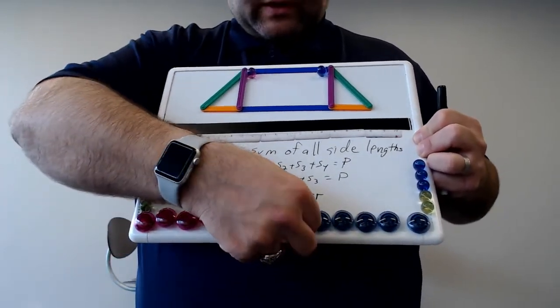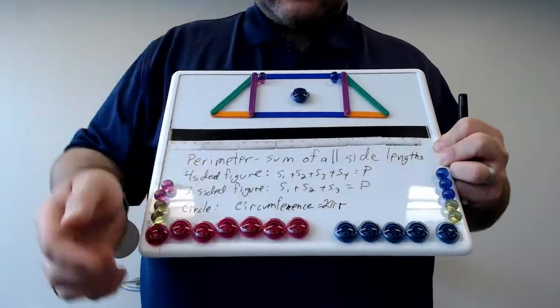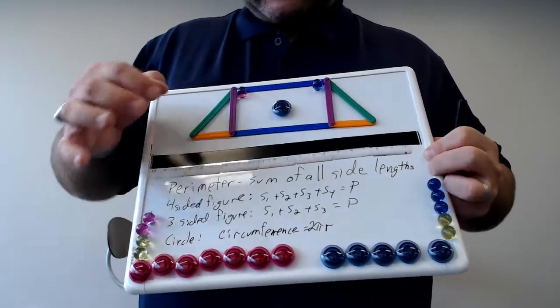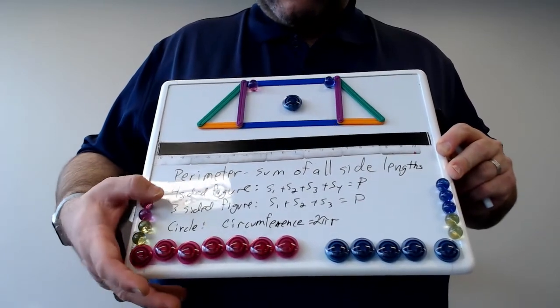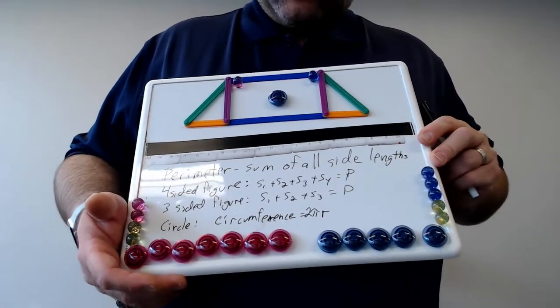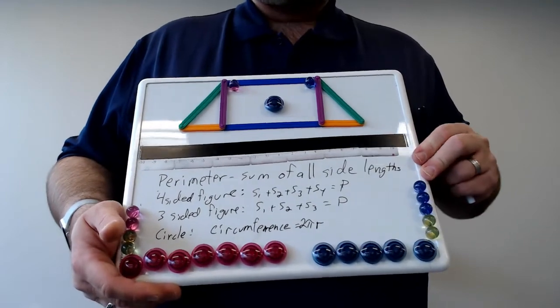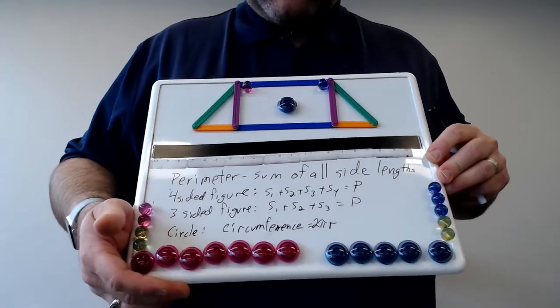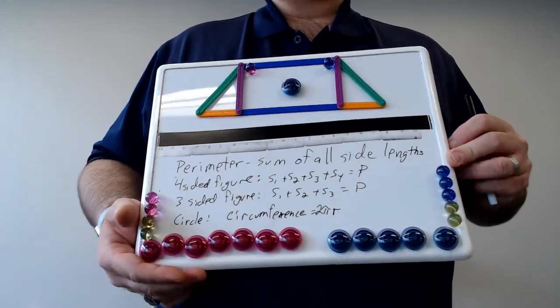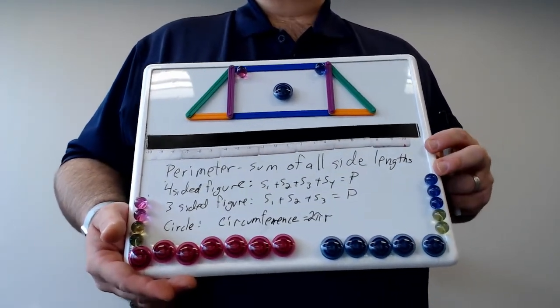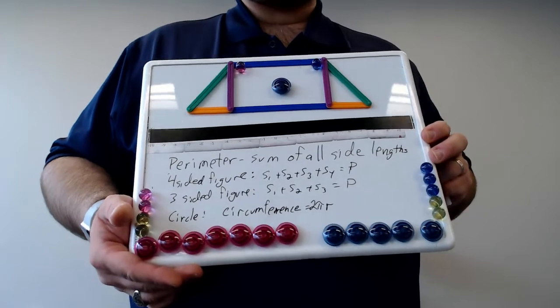Our circumference, or the distance around a circle, is given by 2 times the value of the number pi, approximately 3.14159, times the radius, with the radius being the distance from the center of a circle to its nearest edge.